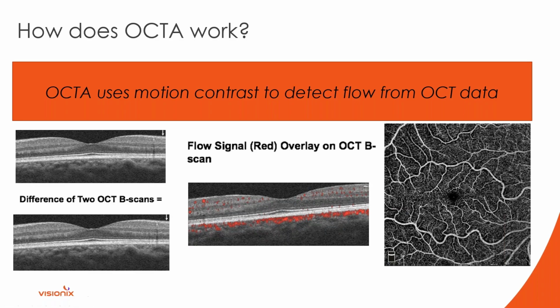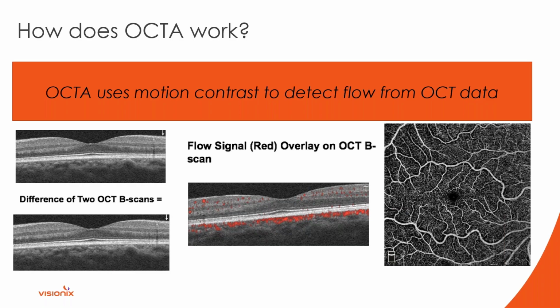Anywhere that you see red on that flow overlay image is an area where the machine said there was a difference in the reflectivity between my different scans. Because any difference is thought to be motion, those are areas where there is suspected blood.